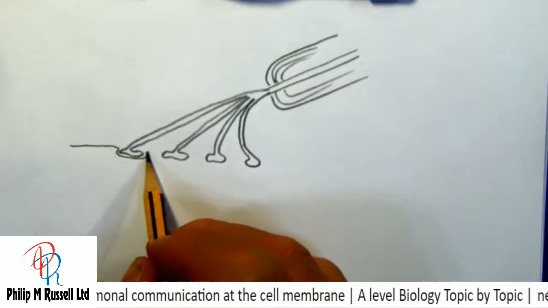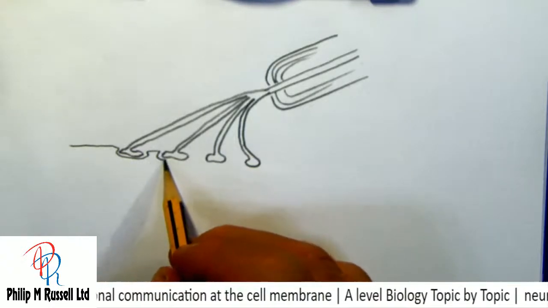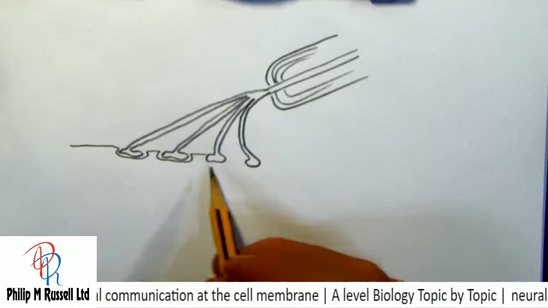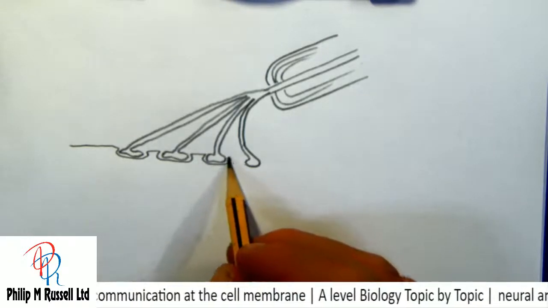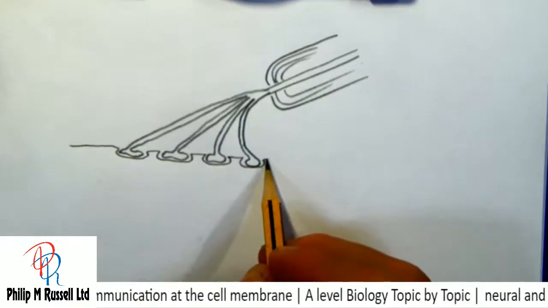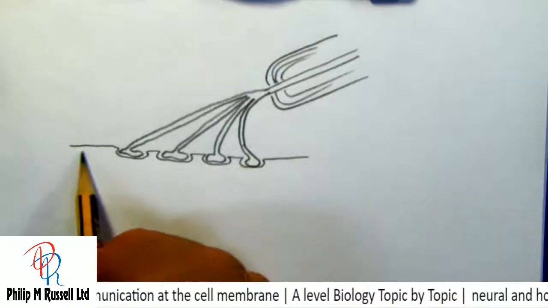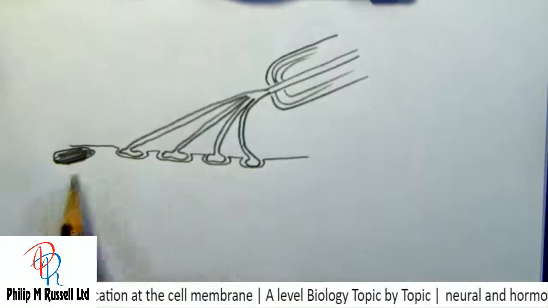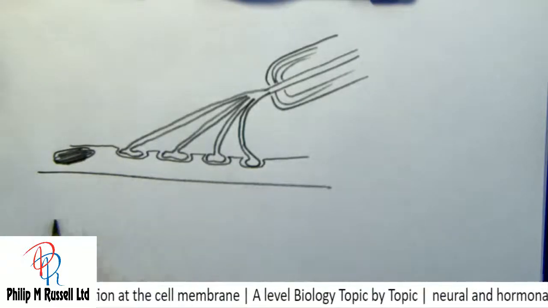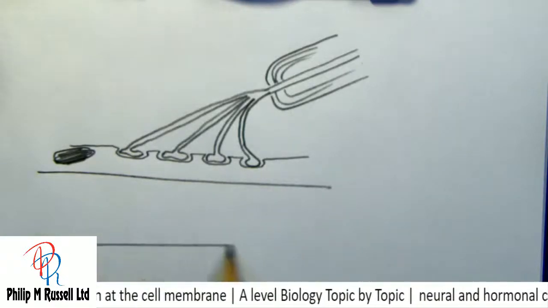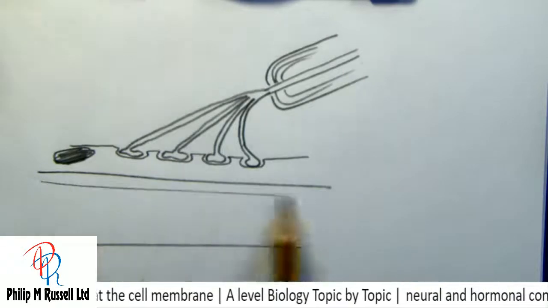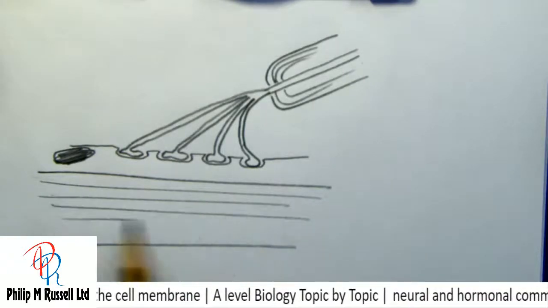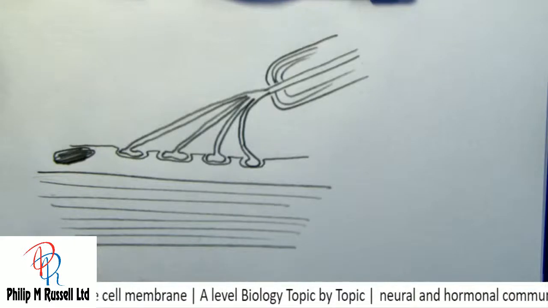So let's draw this round here, and what I've got is the cell nucleus here, and underneath this layer we will have basically all the muscle fibres, the myosin, actin.